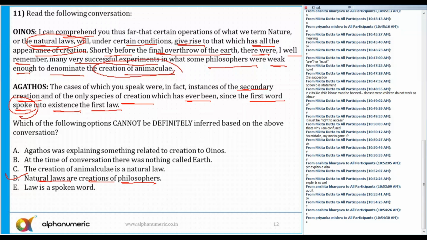Number B, at the time of the conversation, there was nothing called earth, yes, because he says final overthrow of the earth. That means before this destruction of the earth. And Agathos and Oinos are talking about something related to creation. Absolutely. So D is the answer for question number 11.